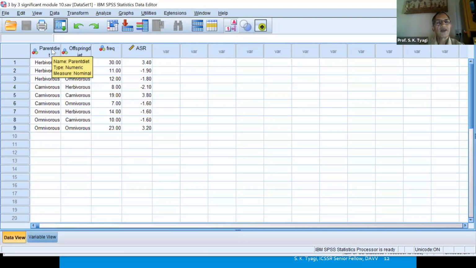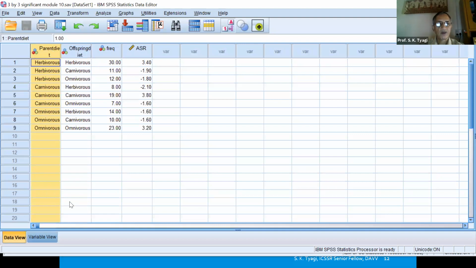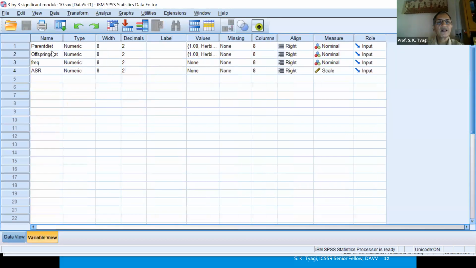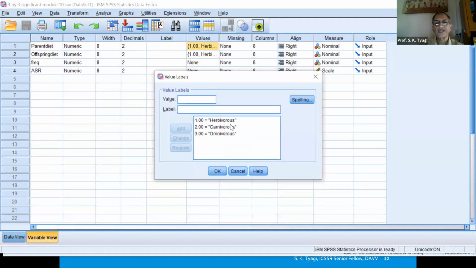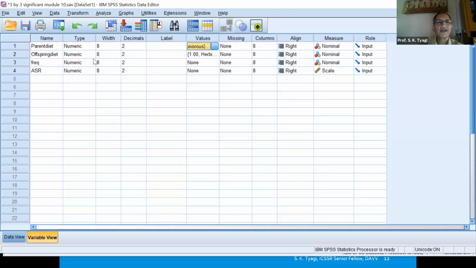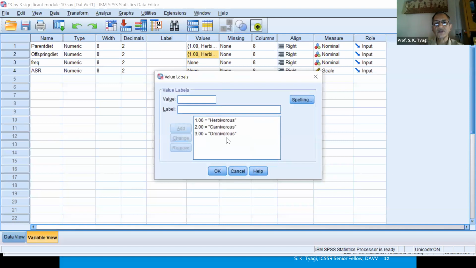This is column variable 1, parent diet. We have defined here parent diet: 1 is herbivorous, 2 is carnivorous, 3 is omnivorous. Second, offspring diet: herbivorous, carnivorous, omnivorous, 1, 2, 3.